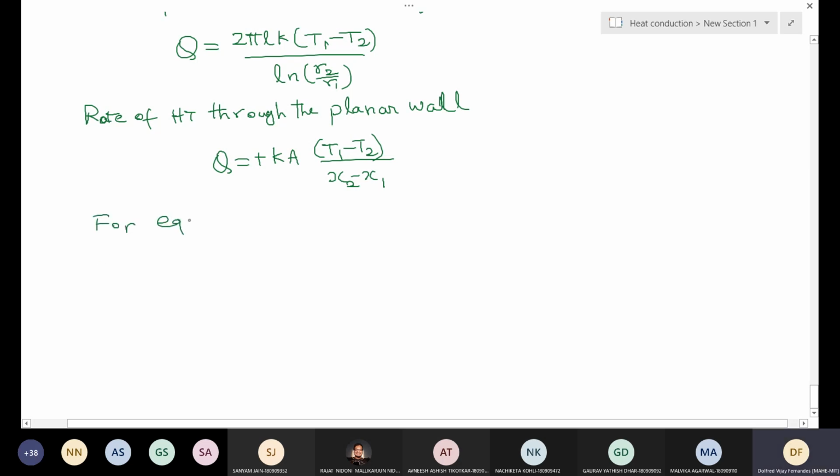For equal heat transfer, you can write Q through planar wall equal to Q cylindrical.